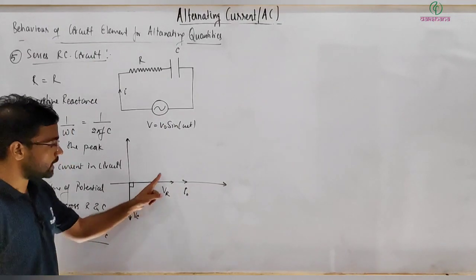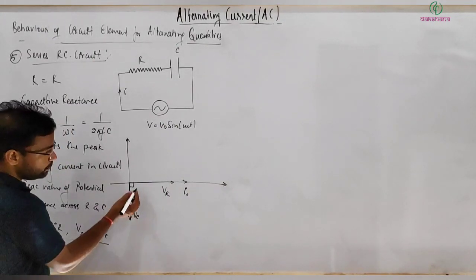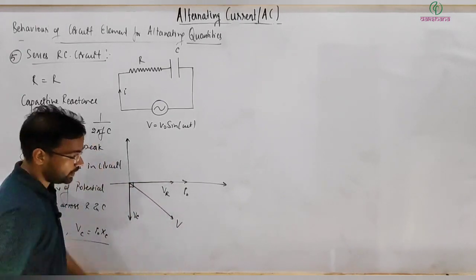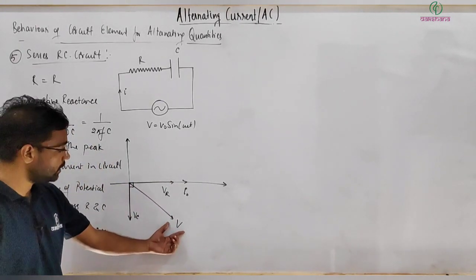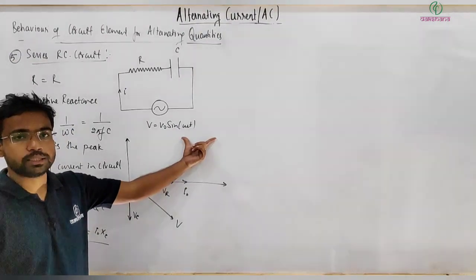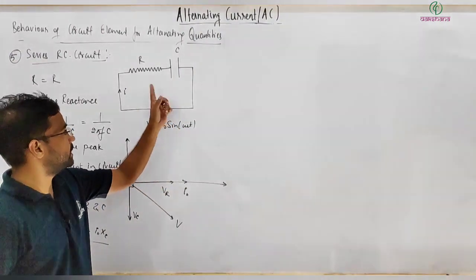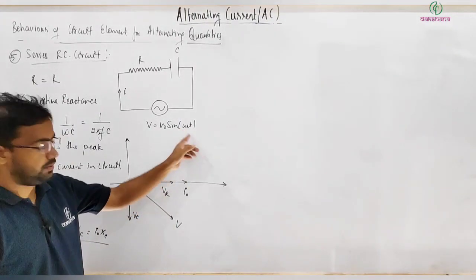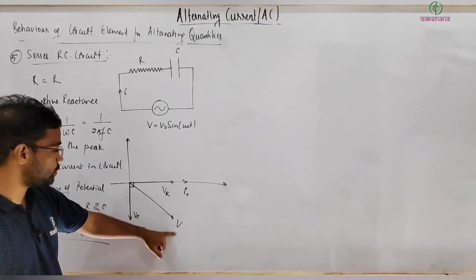With the phase relation, I got this. So the net potential difference, the net EMF, will be across what? This is your V, and this V will be along this way, right? The net EMF here comes along the source EMF. So this is my source EMF.